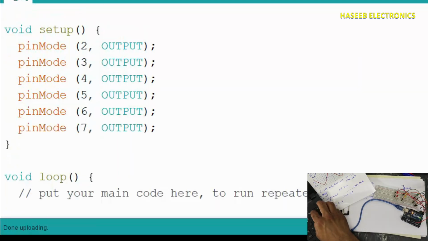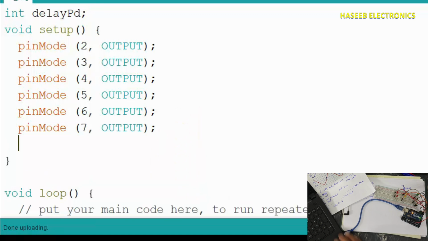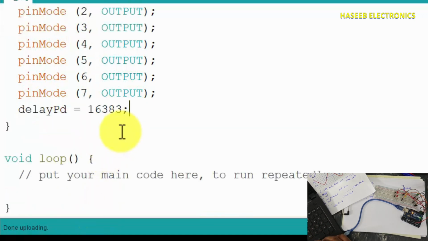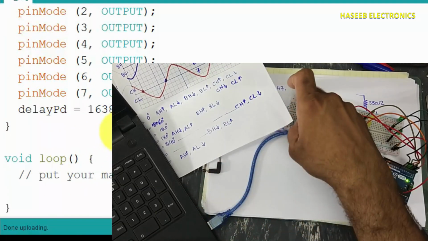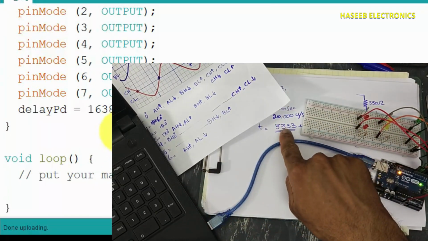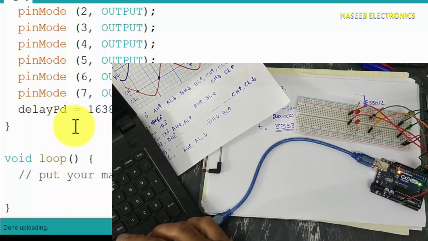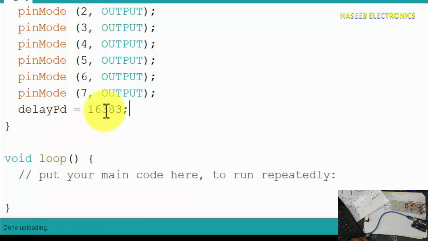So we will create integer variable here, delay period. We can provide maximum 16,383 microsecond. So I will use this value. After that we will use this 3,333 microsecond, but at initial stage we will use 16,383.